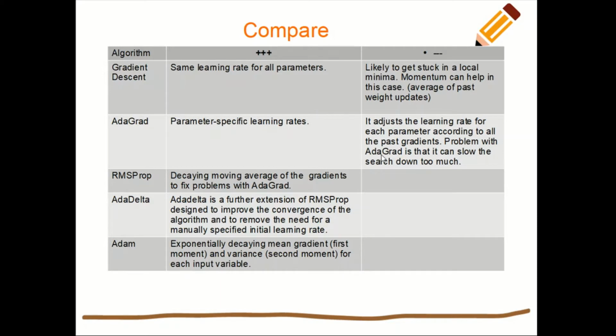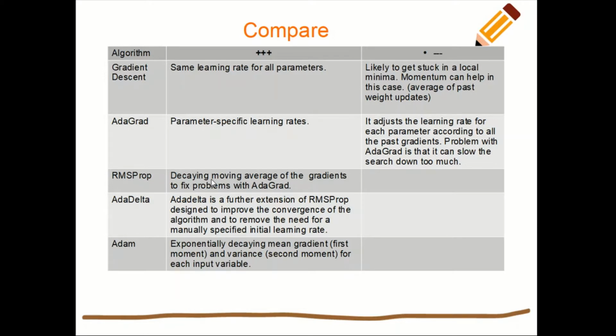Okay, now the problem with AdaGrad is that it can slow the search down too much, because it depends on all the past gradients. Now in order to improve over this, the RMSprop algorithm started using a decaying moving average of the gradients to fix the problem of AdaGrad.